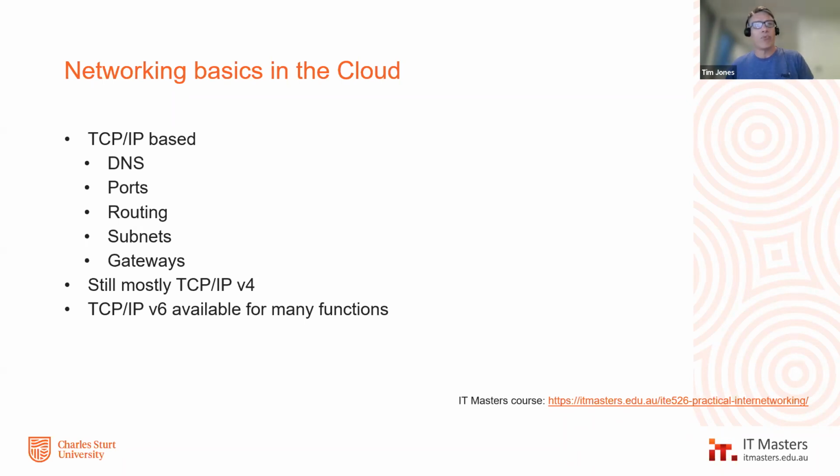So there hasn't been the big push to move to TCP/IP version 6. And so we don't see that as a big requirement for what we're doing with Cloud Things. Now, where you will see TCP/IP version 6 is when we start to look at the backbones of the internet, which we're not dealing with.